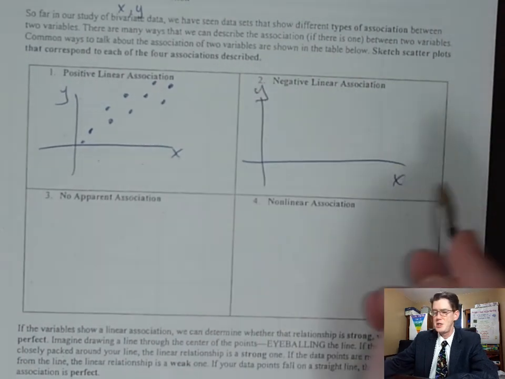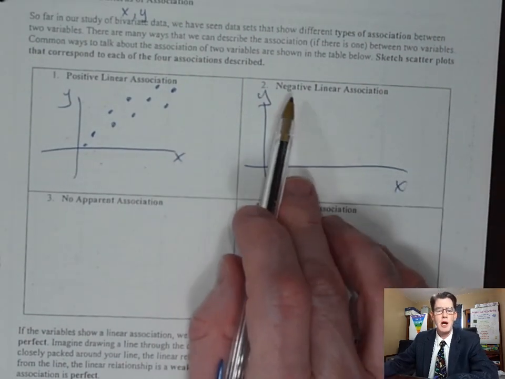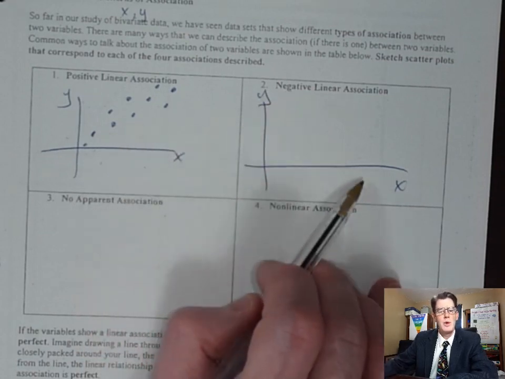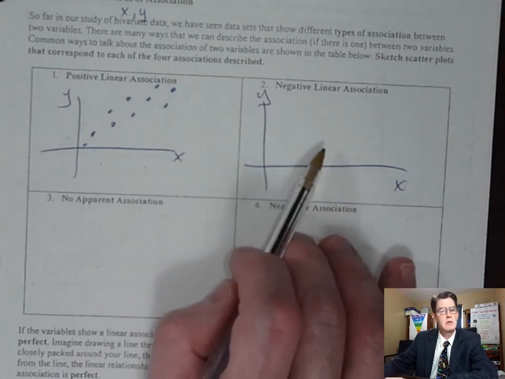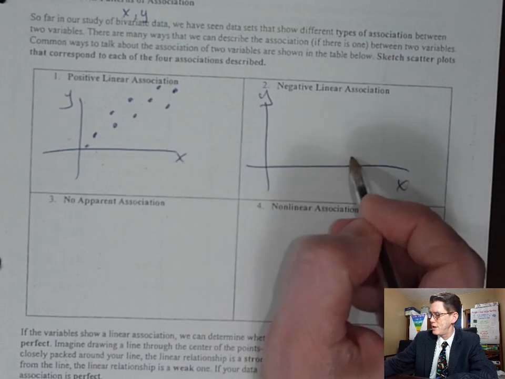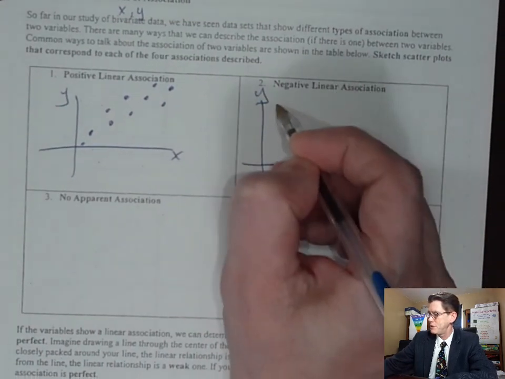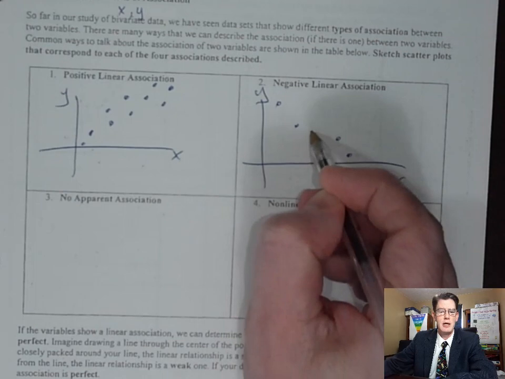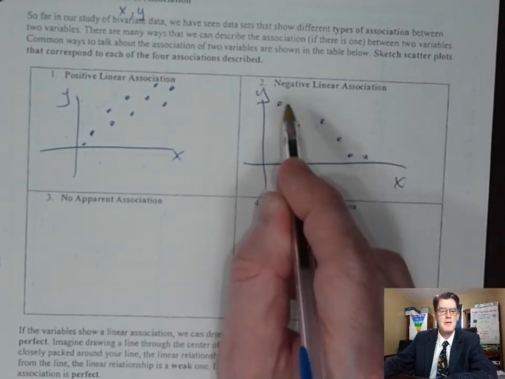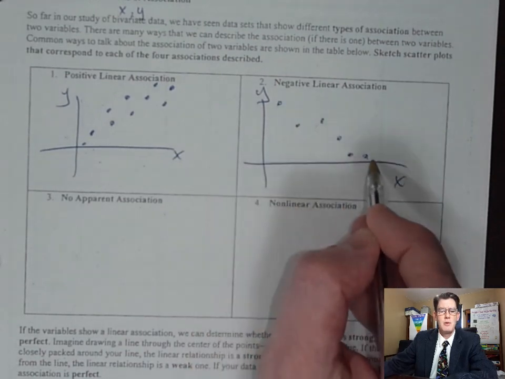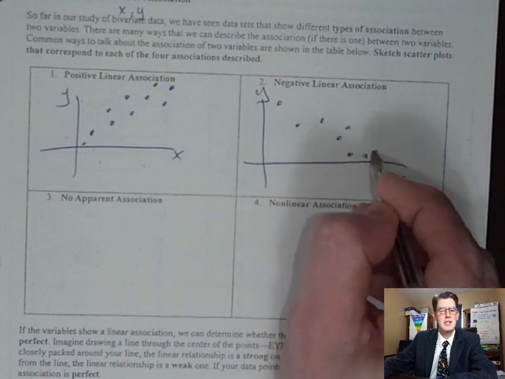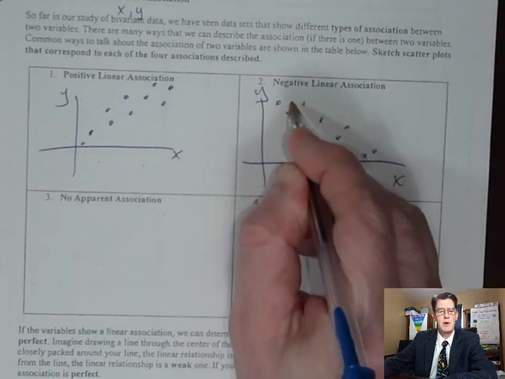A negative association, you can probably see this before I write it, is where the slope is going to end up negative if it were looking like a line. And it's where when one of the variables goes up or down, the other variable is going to do the opposite. If one of the variables, the x, is low, and the other one is high, or it's a high x but a low y, they're negatively associated because one is doing the opposite of what the other is doing.